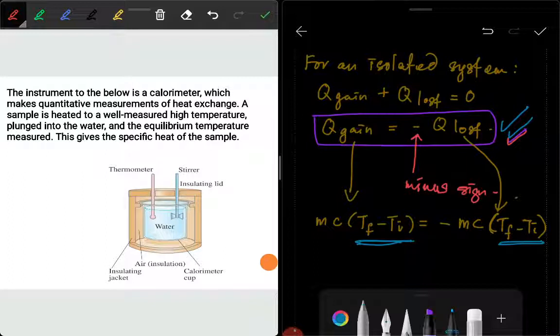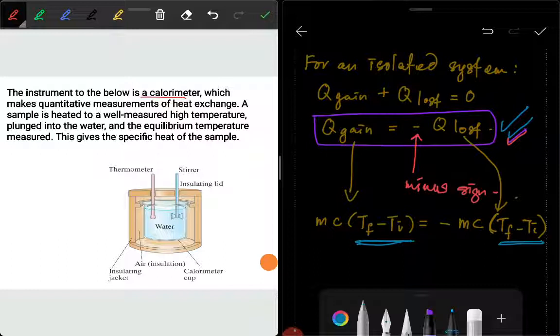The instrument below is a calorimeter. We call it calorimeter, which makes quantitative measurements of heat exchange. A sample is heated to a well-measured high temperature, plunged into the water, and the equilibrium temperature measured. This gives the specific heat of the sample.